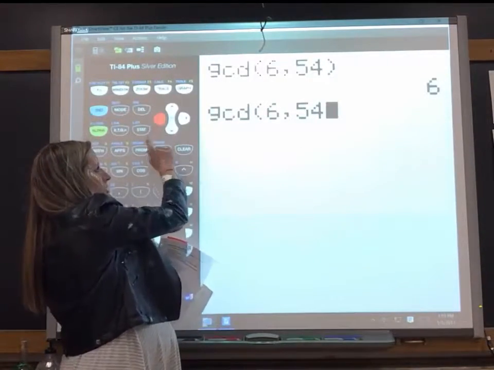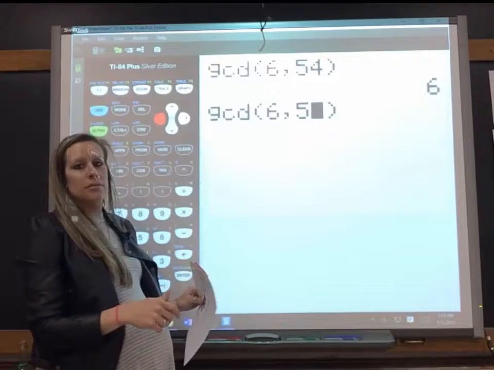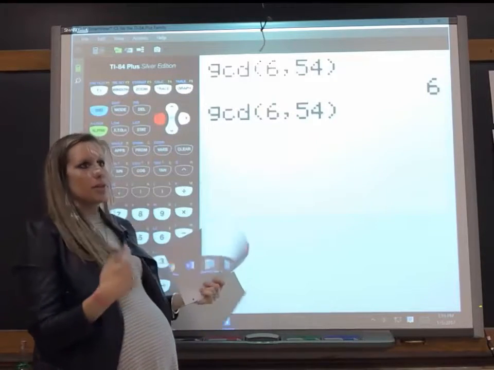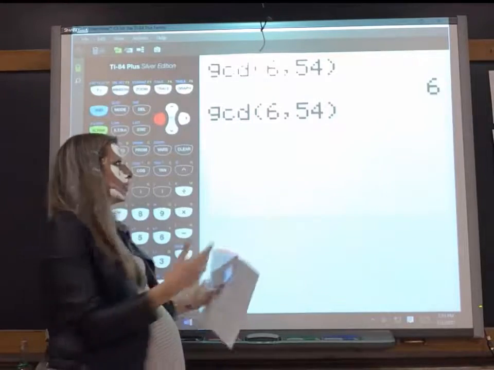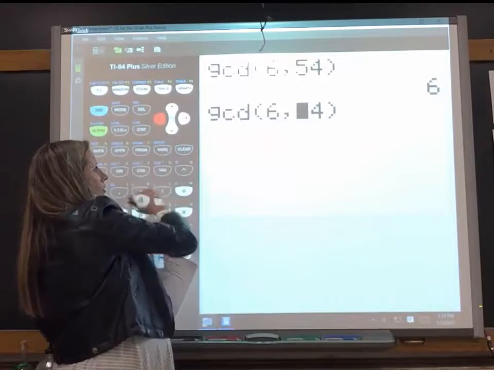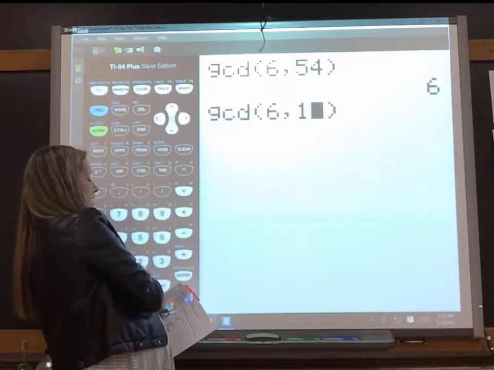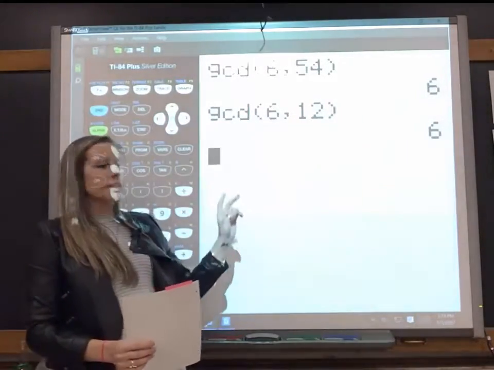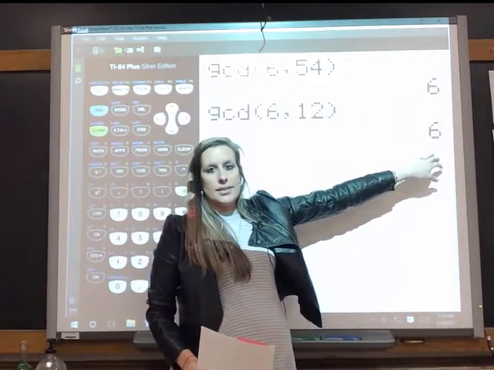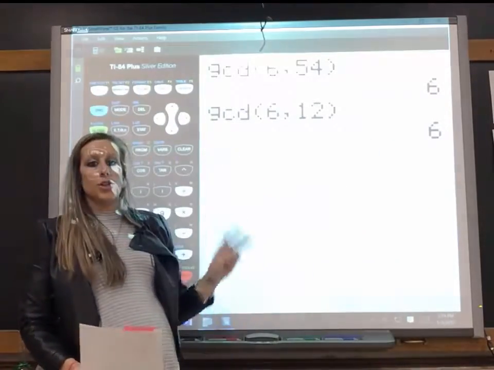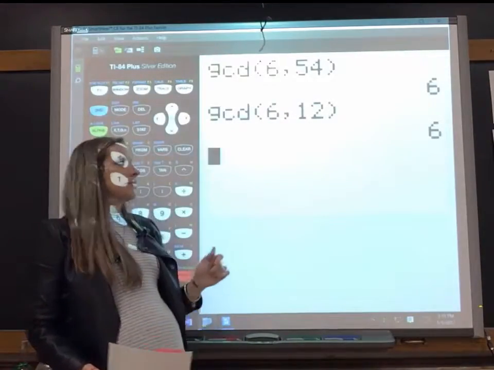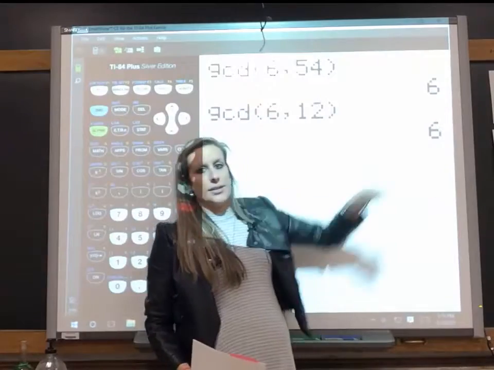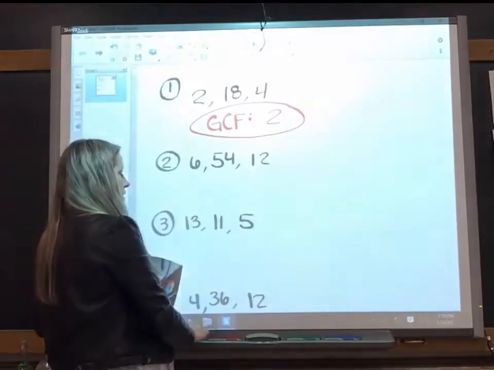And I can change my numbers from there. Or you can press math, right arrow, 9, and then punch it in. Okay, so 6 and 12. So my greatest common factor between 6 and 12 is 6. So out of all 3 numbers, my greatest common factor would be 6. That's the number that will go into all 3.